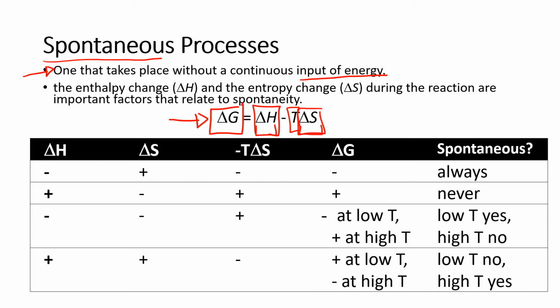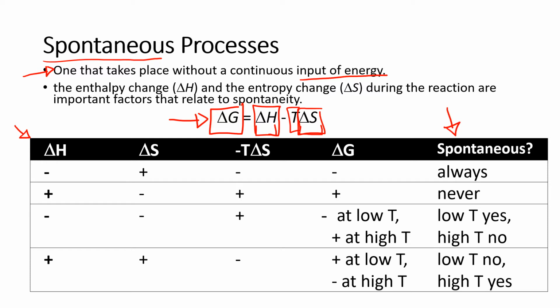And here, this is a nice chart that lays out what different types of changes will occur, the different scenarios that you can have, and how overall your delta G will be affected. And from that, whether you have spontaneity or not.